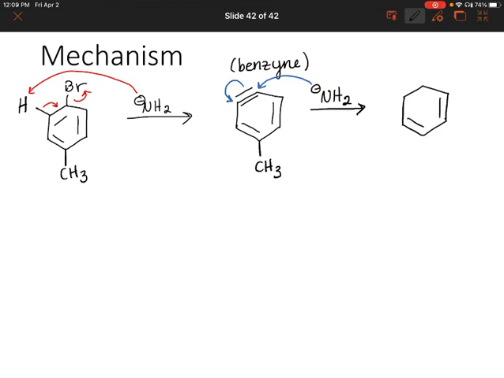All right, so then we end up with NH2 at the top and a negative charge on the neighboring carbon.